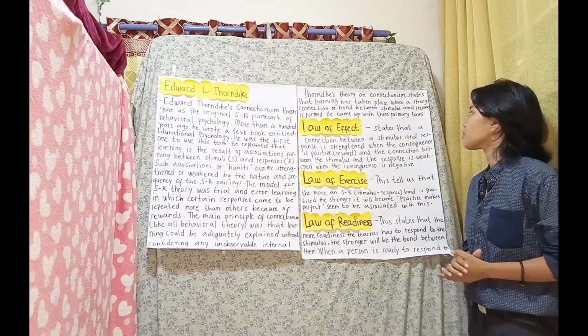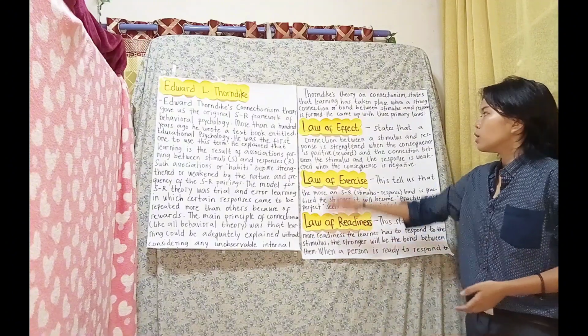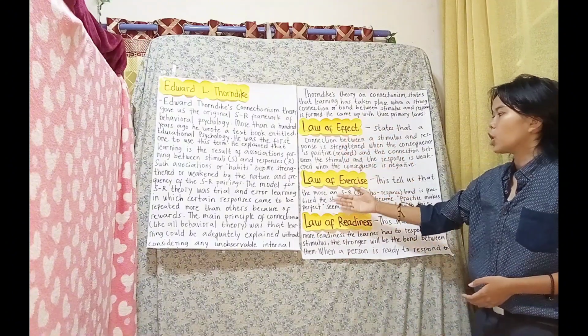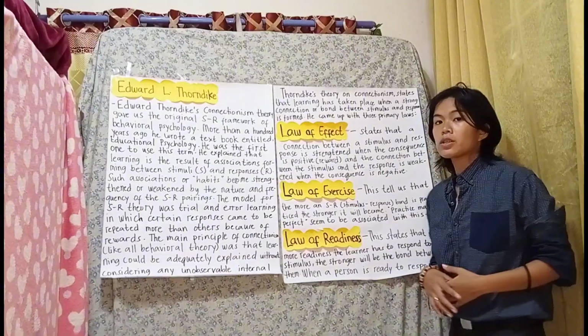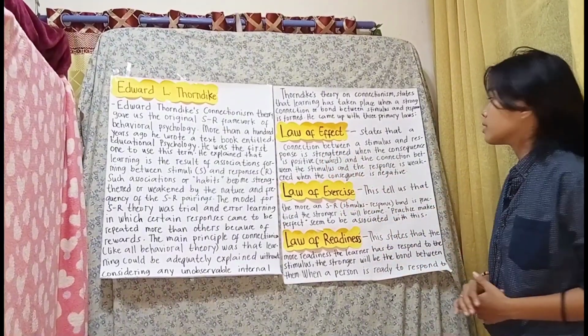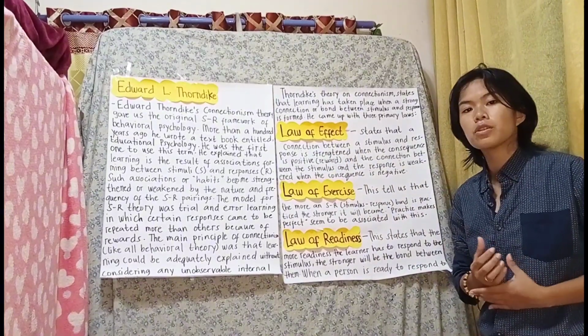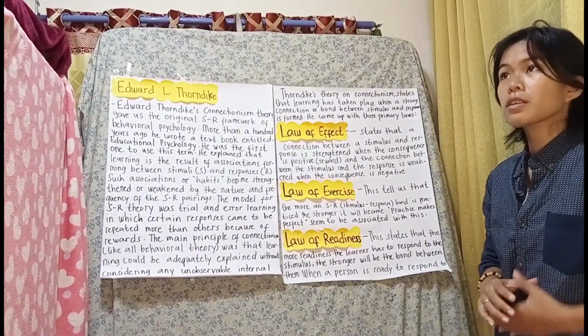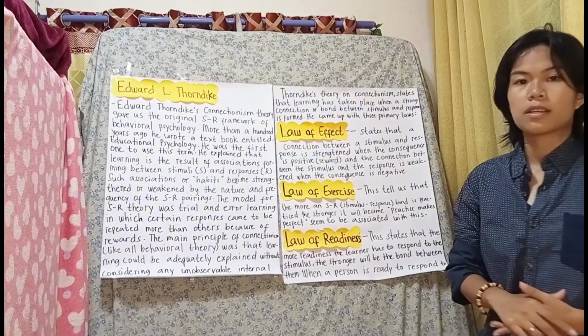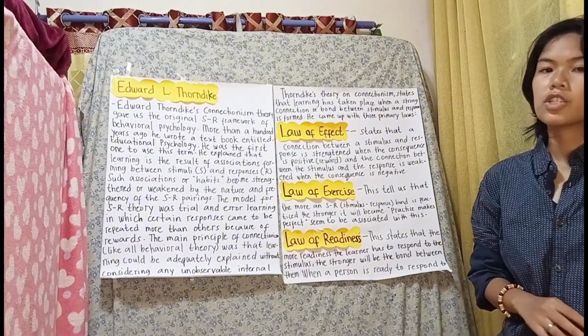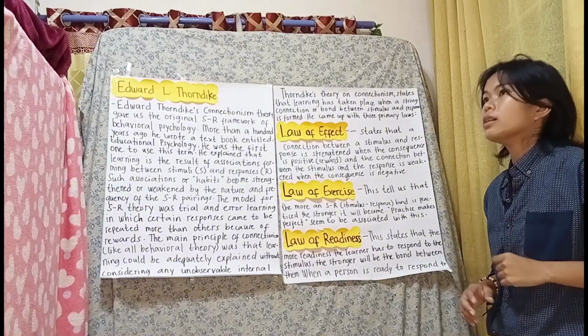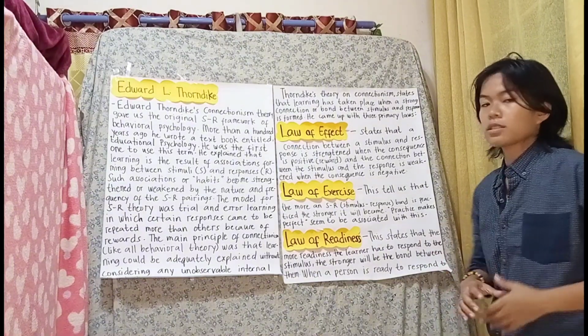Here are the three primary laws: law of effect, law of exercise, and law of readiness. First, the law of effect states that a connection between a stimulus and response is strengthened when the consequence is positive, like a reward, and weakened when the consequence is negative.